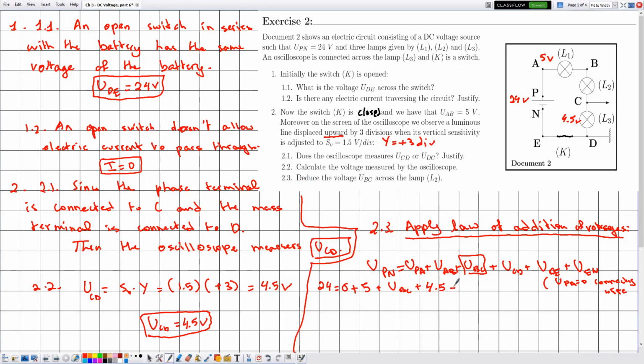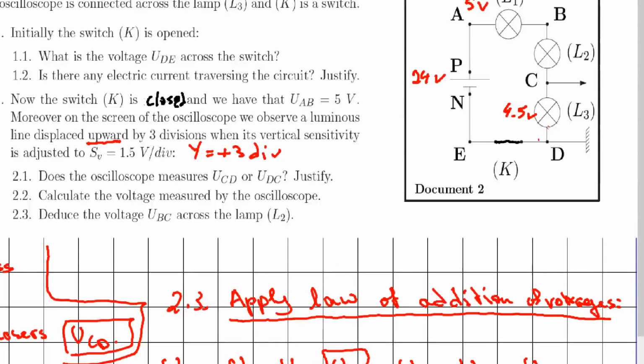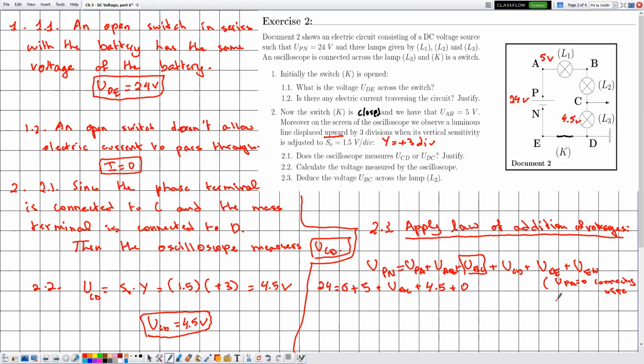Now UDE is equal to 0, and the reason: across D and E we have a closed switch, so UDE is equal to 0, closed switch. And UEN is equal to 0, and the reason is given by connecting wire.